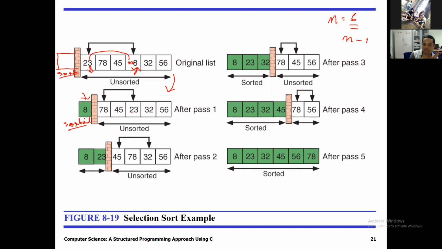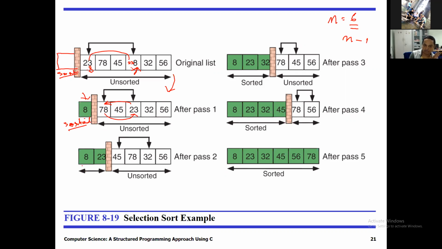1, 2, 3, 4, 5 elements. Do the same operations. Try to find the minimum one. The minimum one is 23. Swap 23 with the beginning of the unsorted part. So 78 goes here and 23 comes here. Bring 23 into the sorted part.